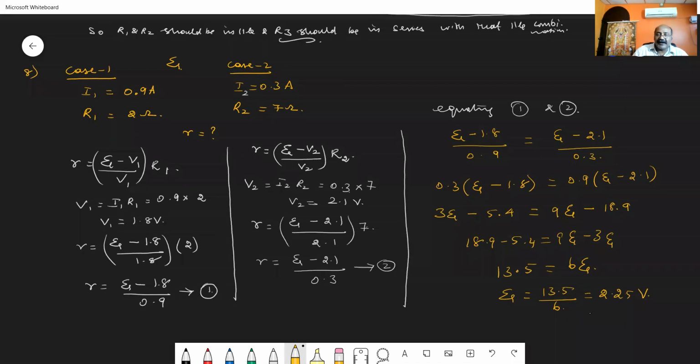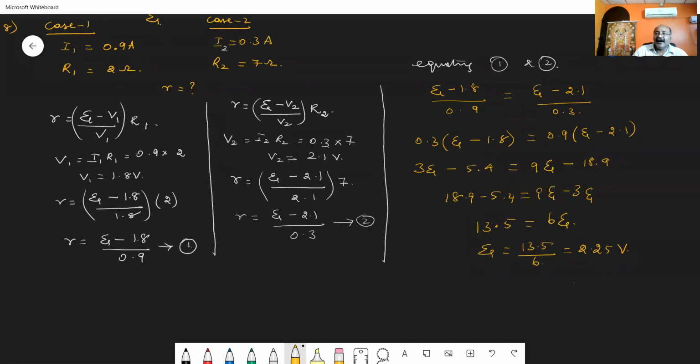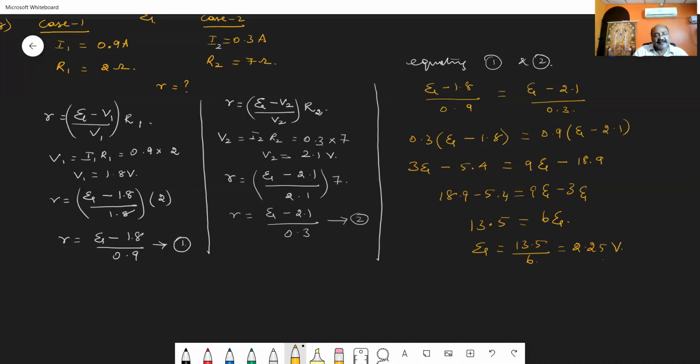Divide and check, it is correct. Then after calculating EMF, you substitute this value in either 1 or 2. Substituting value of EMF either in 1 or in 2. Now I substitute in 1.